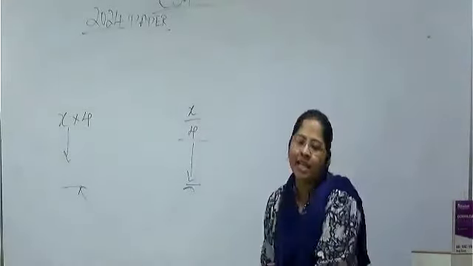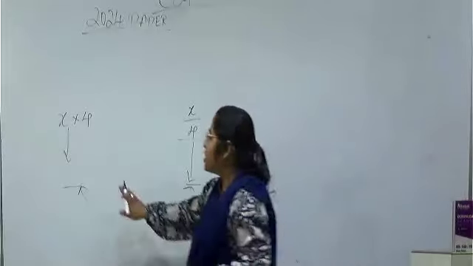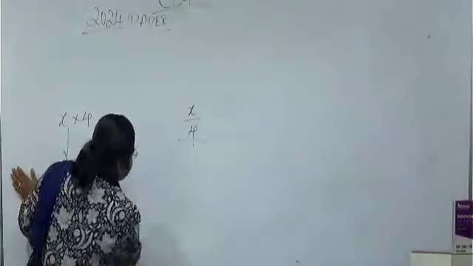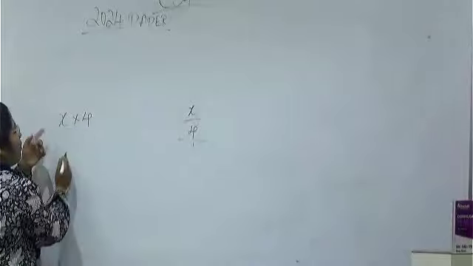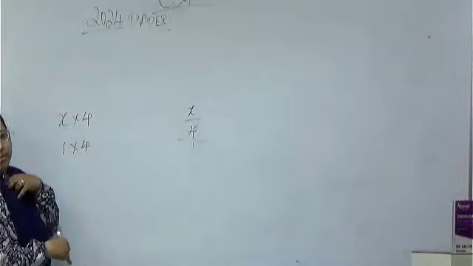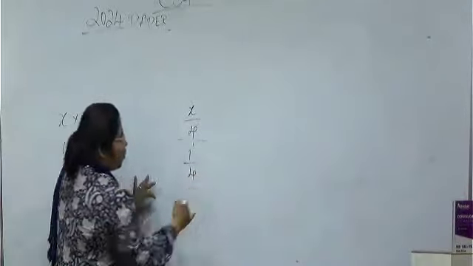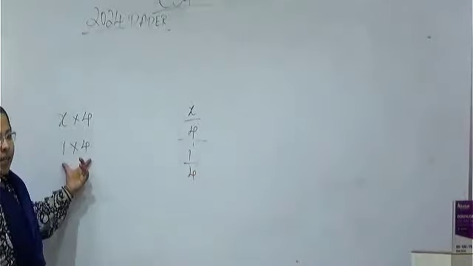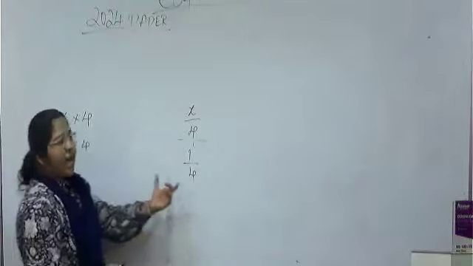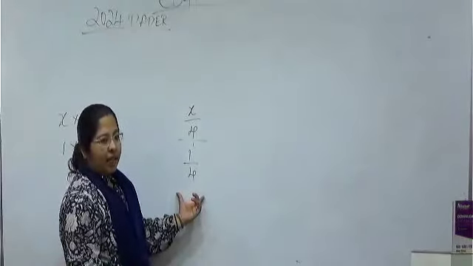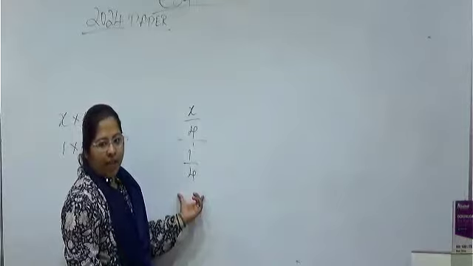Let me take x as 1. I was supposed to multiply 1 by 4, but I divided 1 by 4. What is the answer I get here? 4. What do I get here? 1 by 4 is 0.25.